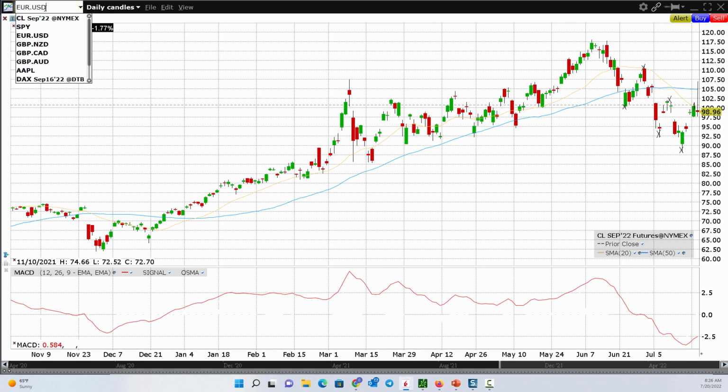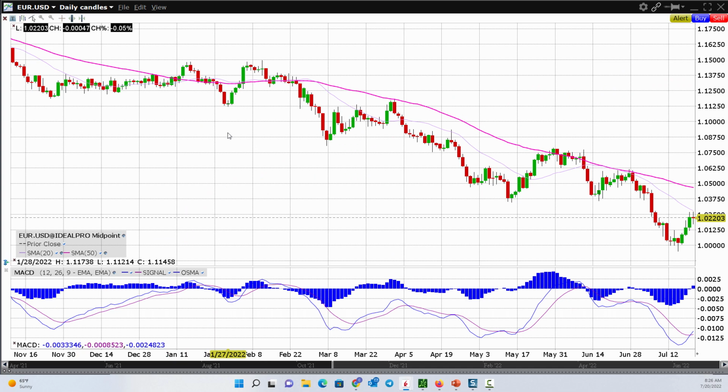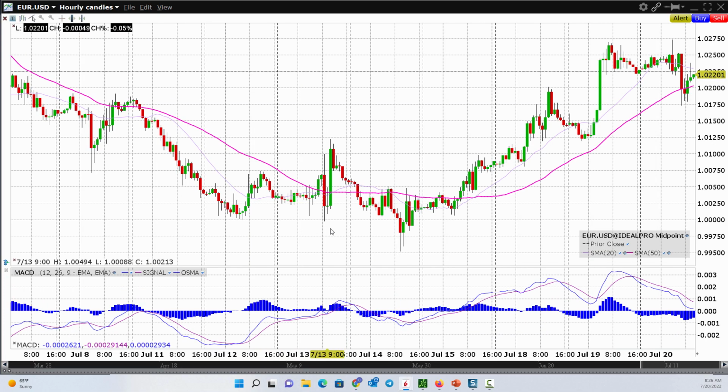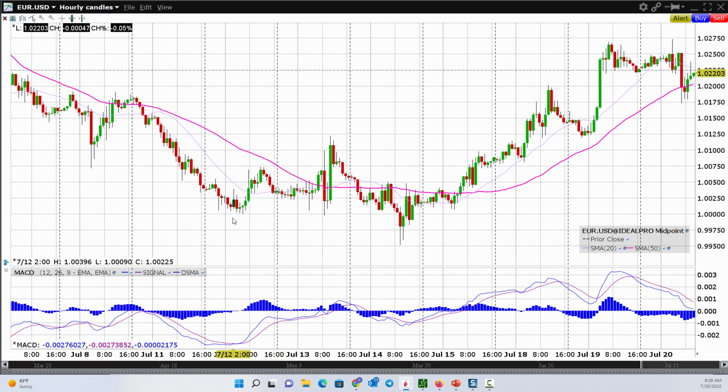Let's go to Euro USD, which we were looking at before. On the daily chart, we're in a bear market. That's clear as can be. But if we come into the hourly chart and we say, okay, what's happening on the hourly chart? Well, we were in a definitive downtrend, bear market in the hourly, but something has changed recently. See this intermediate pivot high?